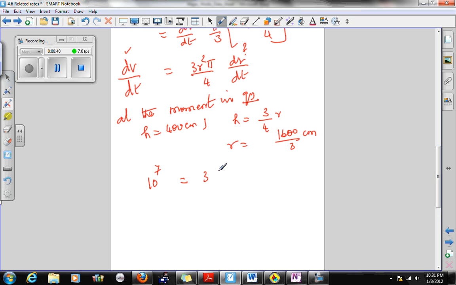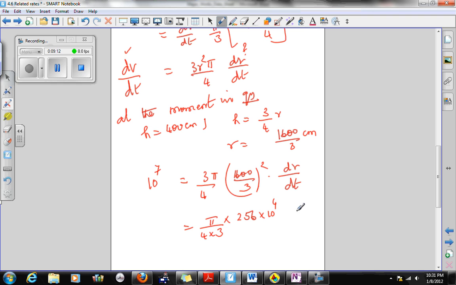So 3 times 3 over 4 pi, factor that out. R squared will be 1600 over 3 squared times dr by dt. To simplify, 3 squared is 9, so that cancels out, and you have pi over 4 times 3 times 1600 squared. For simplicity, I'm multiplying 16 squared and saying 256 times 10 to the 4, so I can do the cancellation easily.